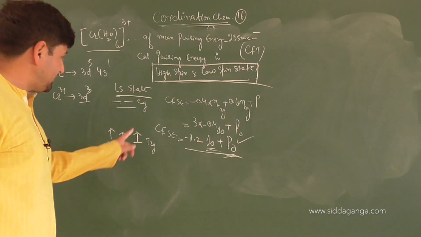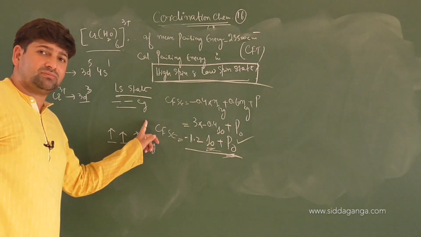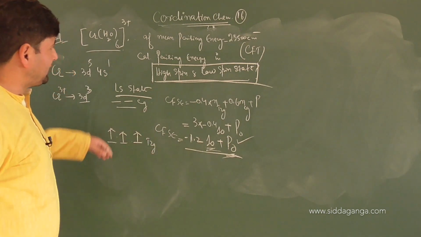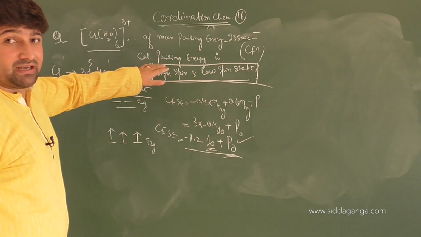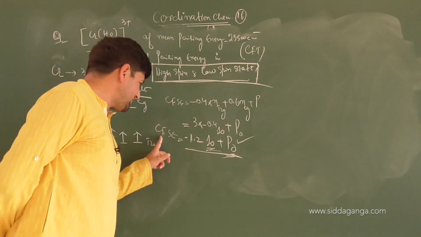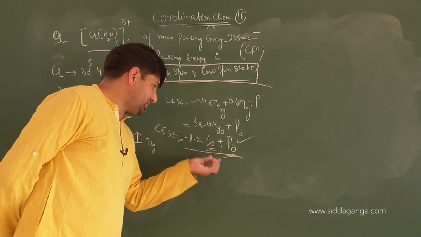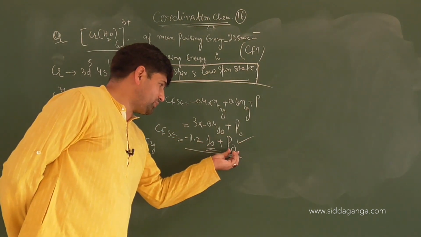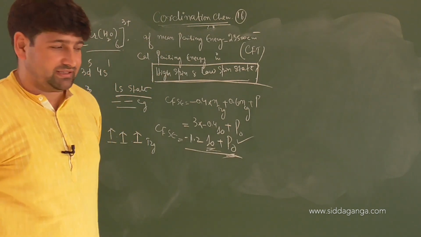Why? Because there is no d4 configuration. There is what configuration? d3. So whether there is strong field or weak field ligand, there will be no differences in the pairing energy systems at all. When CFSE is given, crystal field stabilization energy is given, when delta 0 is given, you will be easily in a position to calculate P naught. Am I clear here? Right. Next question.